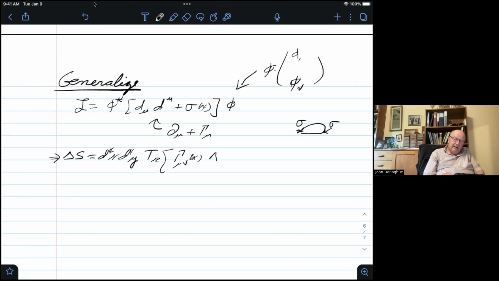I get this delta F over 4 d minus 1, x minus y, gamma mu squared, gamma nu. And then the other piece is 1/2 sigma of x d f squared x minus y, sigma of y. So you can almost do that in your head.